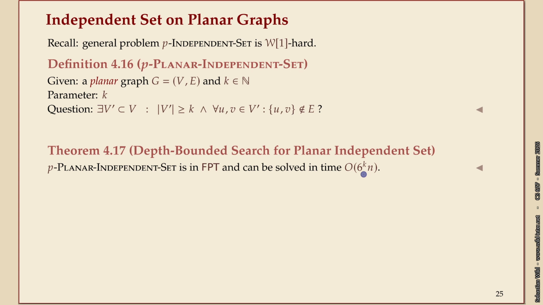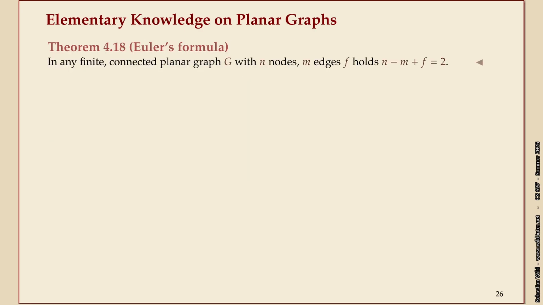How can you exploit this property that the graph can somehow be drawn in the plane, which is not even clear how to construct if you first see planar graphs? So how can we use this to do a faster search for independent sets? Okay. We'll use a bit of background knowledge on planar graphs, but it's all fairly fundamental.